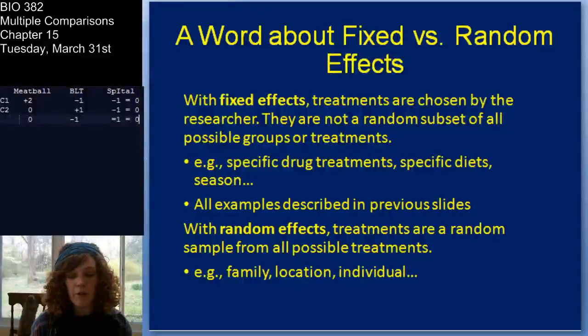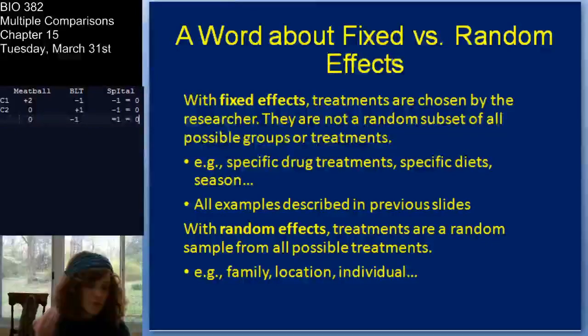Fixed effects are treatments that are chosen by the researcher, whereas random effects are simply a subsample of all possible treatments. Okay, so fixed effects are things that you can really control. It's not a random subset of possible treatments.